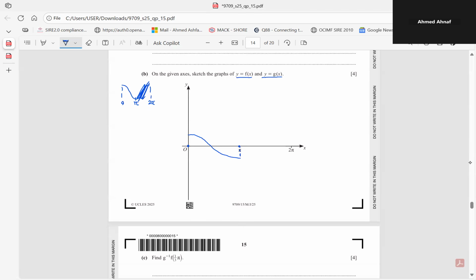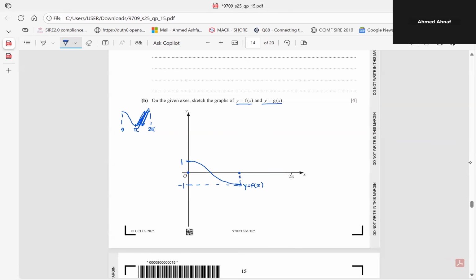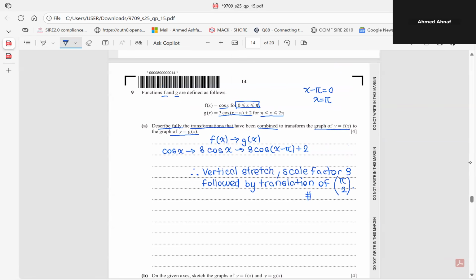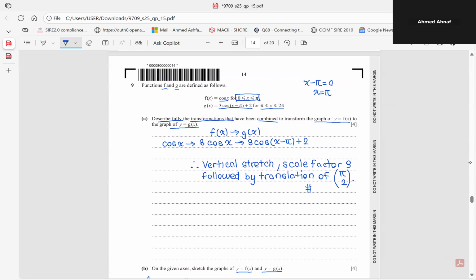Okay. Yep. So this would be the maximum point, which is 1. And this would be the minimum point, -1. Okay. Yep. So this is y equals f(x). And now we're going to sketch y equals g(x).